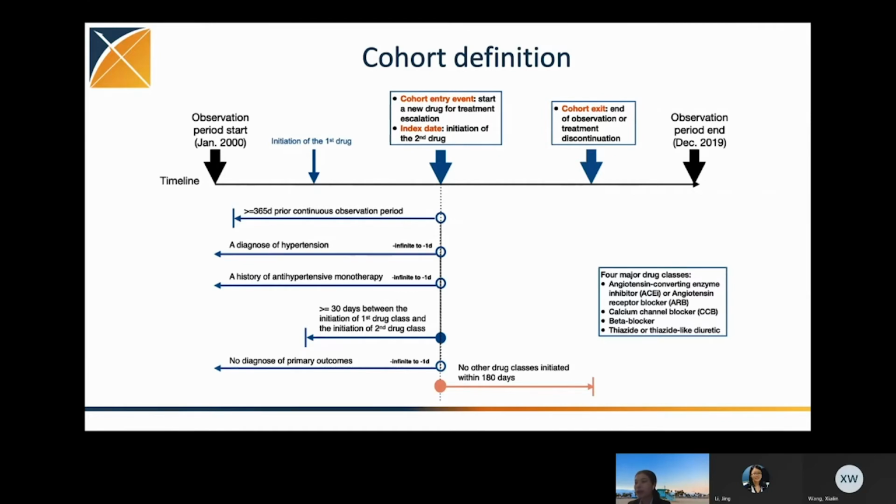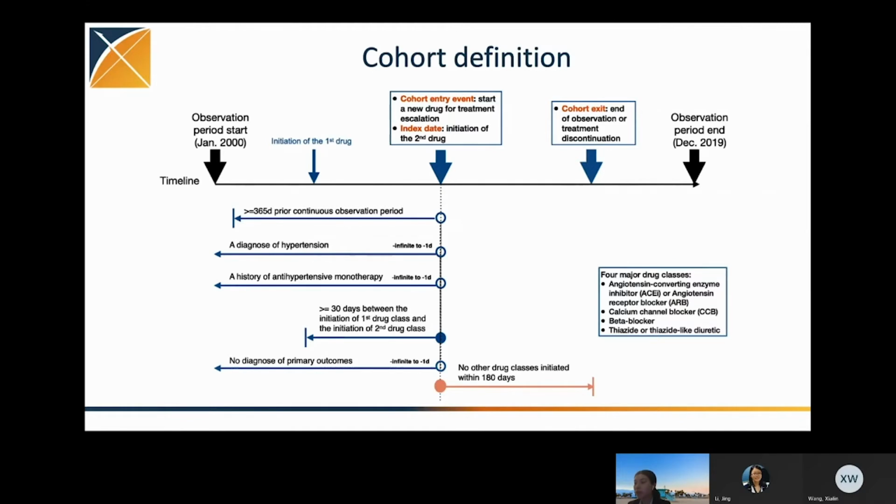We require at least 30 days between the initiation of the first drug class and the initiation of the second drug class. This will make sure the combination therapy is started as a two-step treatment instead of being used as initial therapy. We also require no diagnosis of primary outcome prior to the index date.